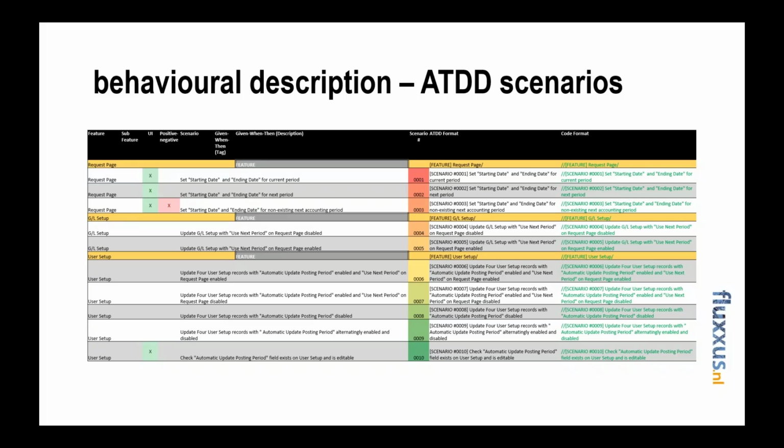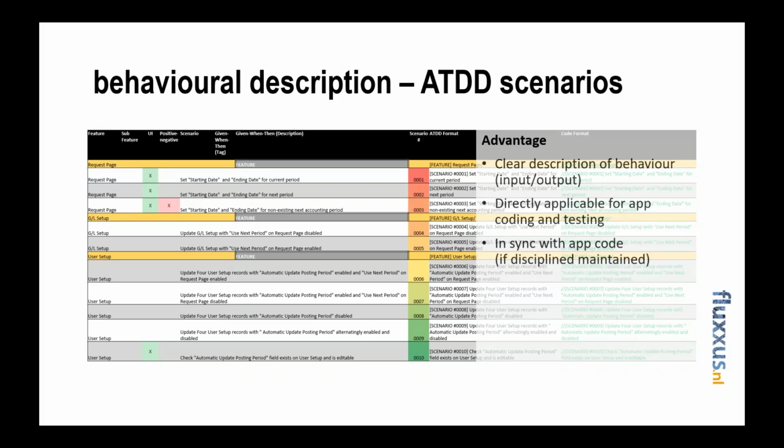But this is something that could already be, and I think should already be, in the requirements. Maybe not the details, but this is typically what needs to be tested. ATDD scenarios: the advantage is a clear description of the behavior, and, if completed with details, a clear description for the tester and for the developer who will write the test automation to do the testing part.